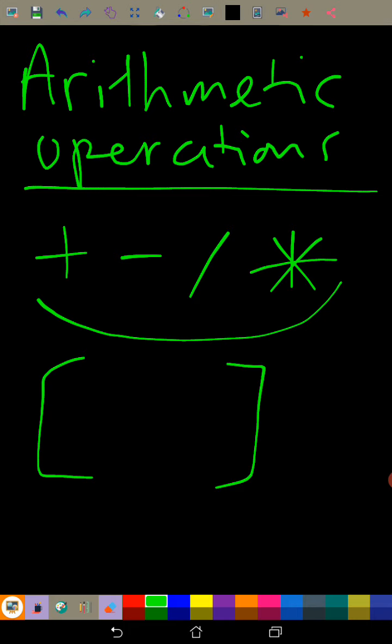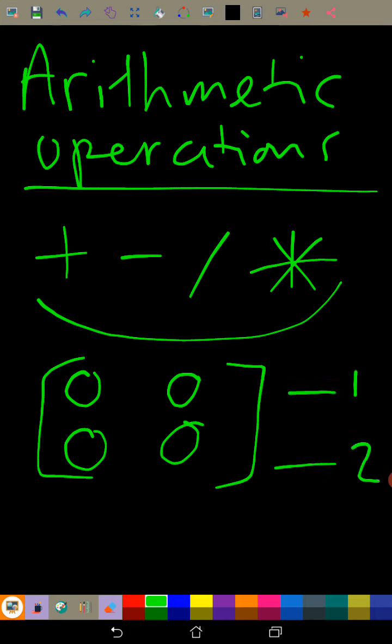A matrix is a rectangular array of numbers. The numbers are called entries. So we have one entry, two, three, four entries, and we have a number of rows: first row, second row, first column, second column.